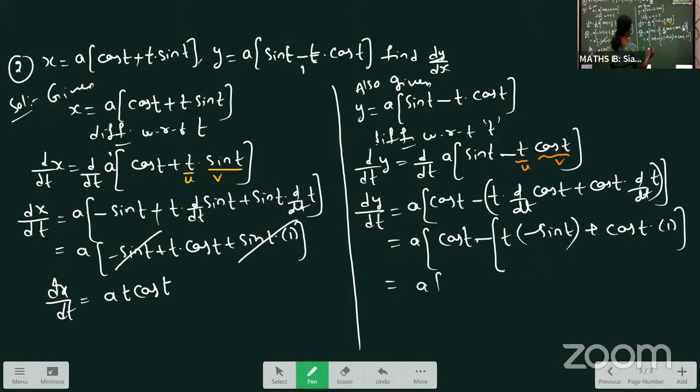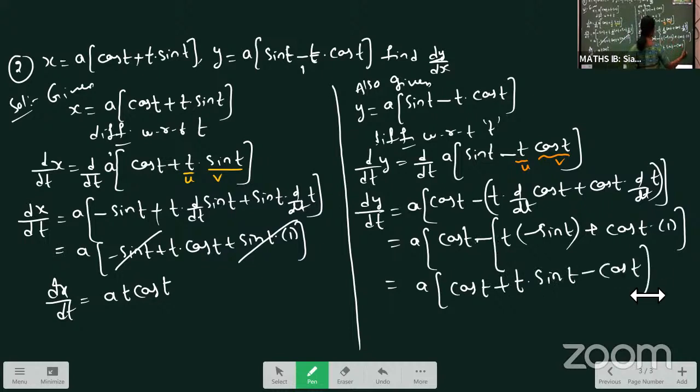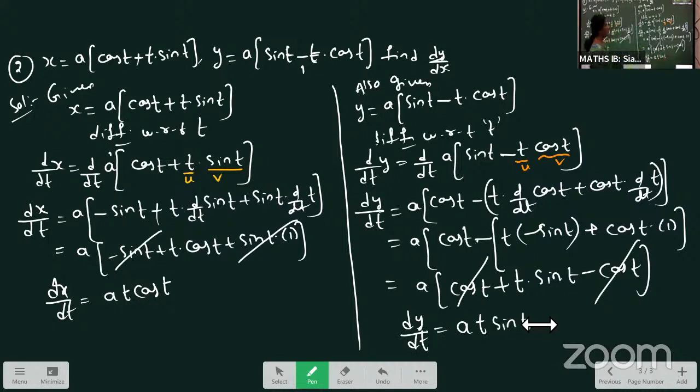So a into cos t minus t sin t plus cos t. Here cos t gets cancelled. So dy by dt is equal to a t sin t.